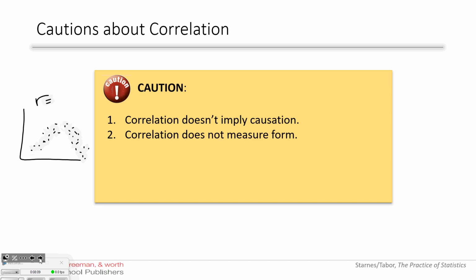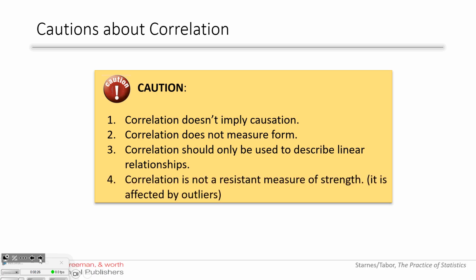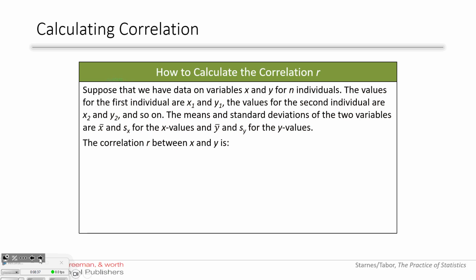It might be 0.3 or whatever, but that R value alone is meaningless because this data is not linear. In other words, correlation doesn't measure the form. It should only be used to describe linear relationships, and it's not a resistant measure of strength. In other words, it is affected by some extreme observations, and you'll see why in just a second.